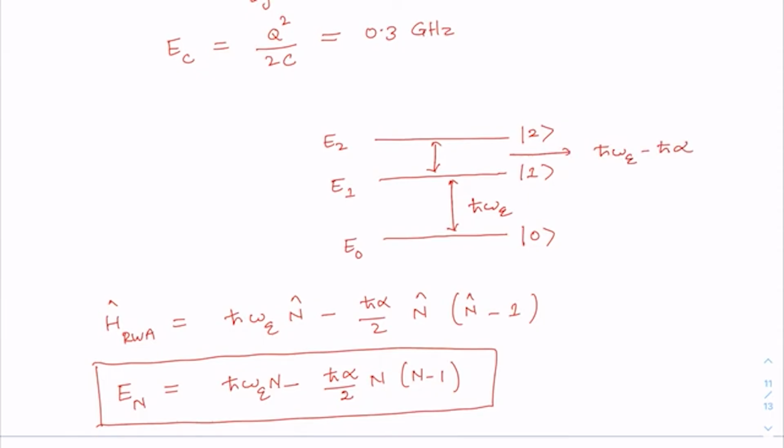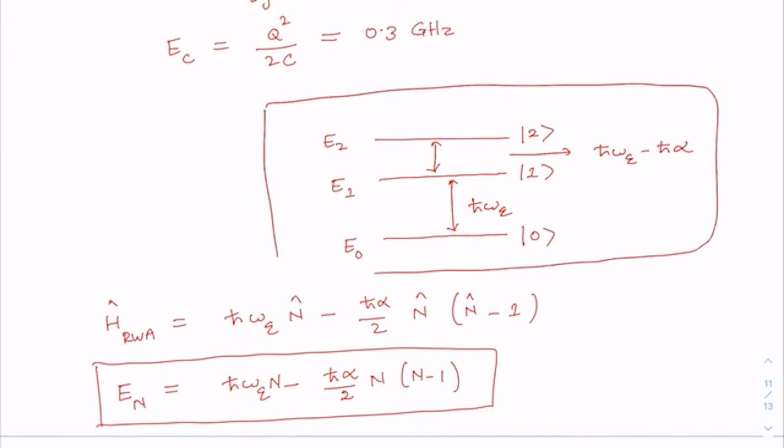So what you see from this energy level diagram for the transmon, I'm just considering only 3 energy levels. We see that the energy levels are no longer equally spaced, which is what happens in a linear harmonic oscillator.